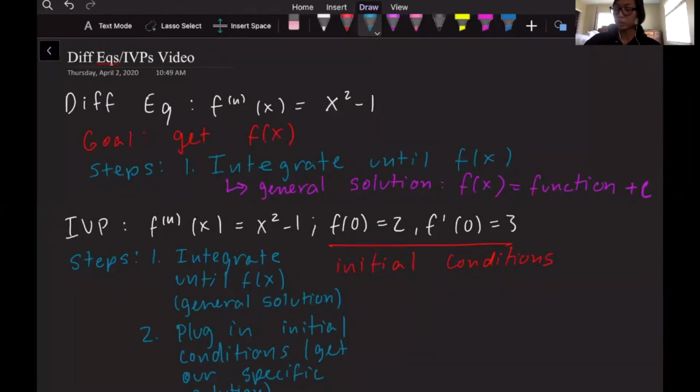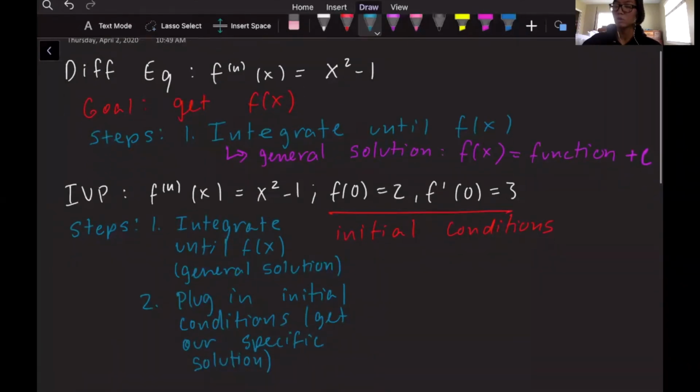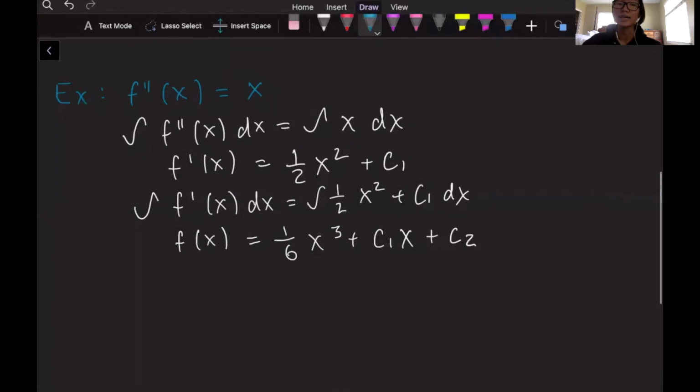Another thing that I wanted to note is if you are integrating multiple times, right? So down here, I have an example. I've already worked out the example, but I have an example of a double derivative differential equation, right? So notice to solve my double derivative differential equation, I have to integrate twice. I have two derivatives, so I have to integrate 2 times. The first time I integrate, I'm going to get this thing right here.